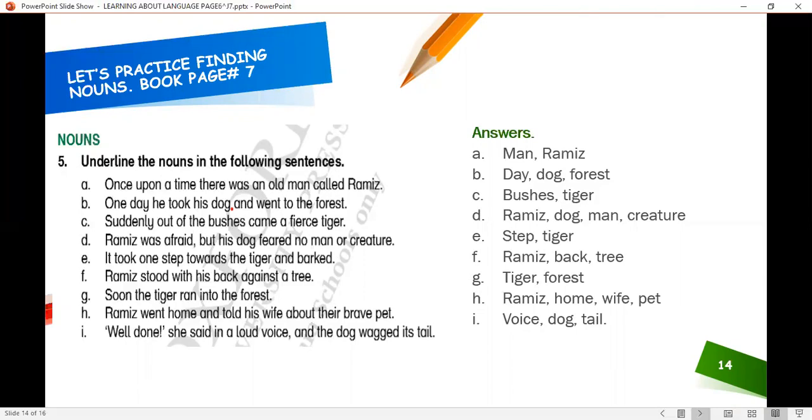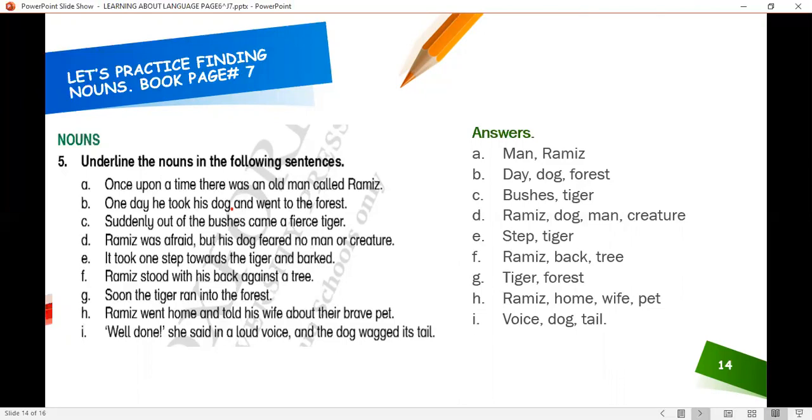Sentence number 1 is, once upon a time there was an old man called Ramesh. Now the nouns here are man and Ramesh, because both are referring to a person.